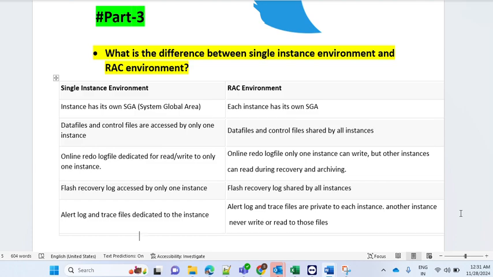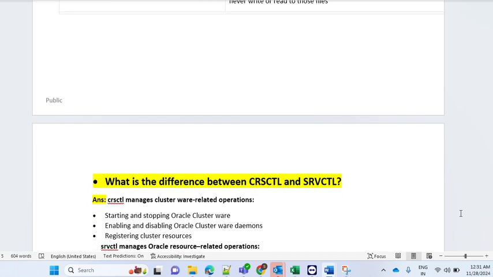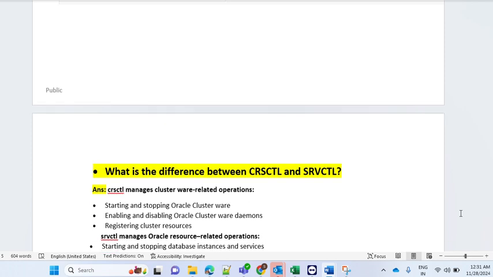So the next question here is, what is the difference between SRVCTL and CRSCTL? CRSCTL manages cluster-related operations: starting and stopping the clusterware, enabling and disabling clusterware daemons, and registering clusterware resources.